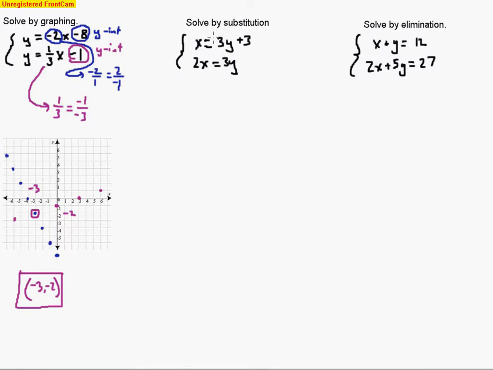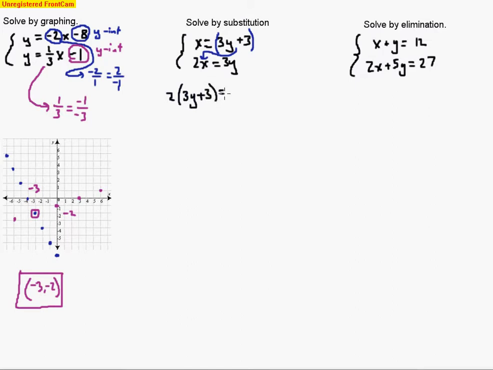Now, I use substitution whenever we have a variable by itself, and here we do. So we're going to take that expression, in this case x equals, and substitute it into the other equation's x value. When I rewrite what I've got, 2x, but in place of x, I'm putting 3y plus 3.